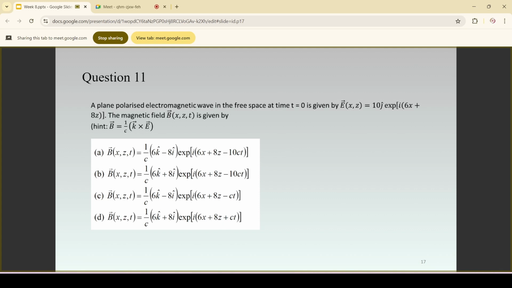So we can see that the correct answer is, okay, C is the correct answer, I think.